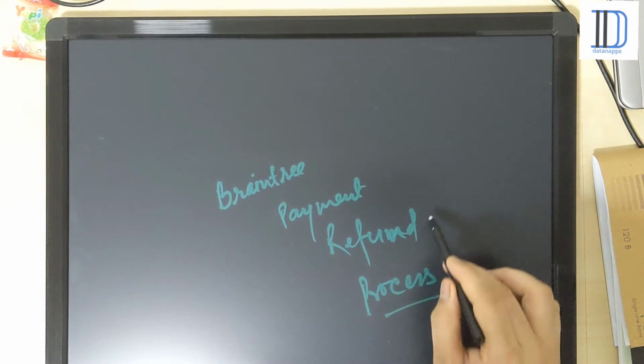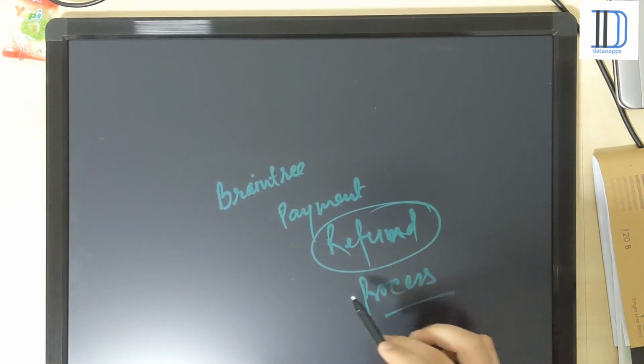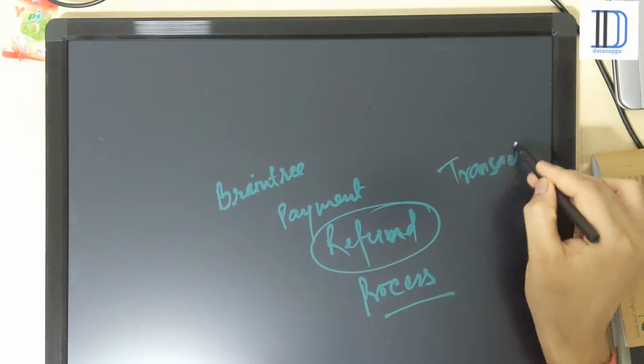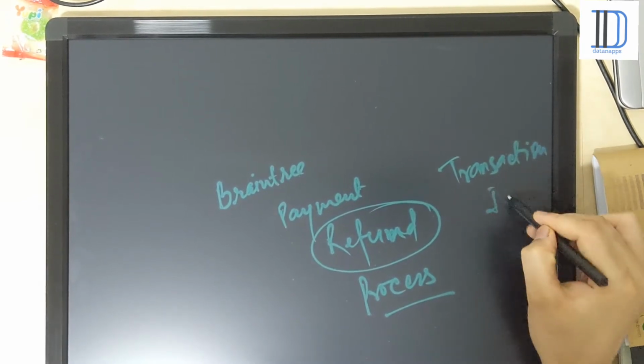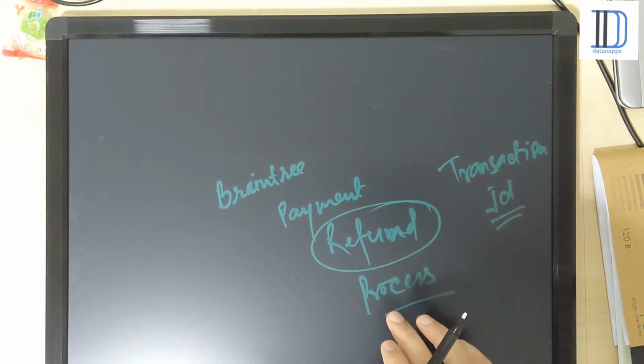So today we will discuss the refund process, and for the refund process, of course, we need the transaction ID. So let's start. How can we implement the refund process?